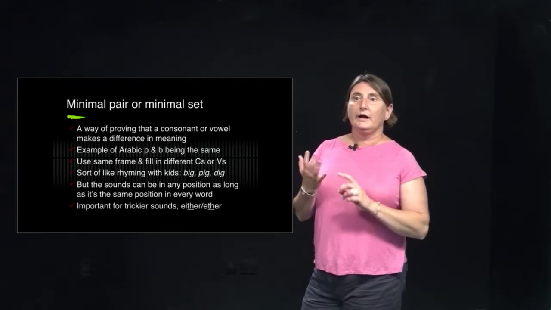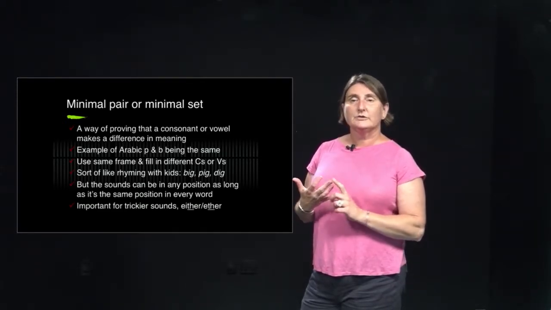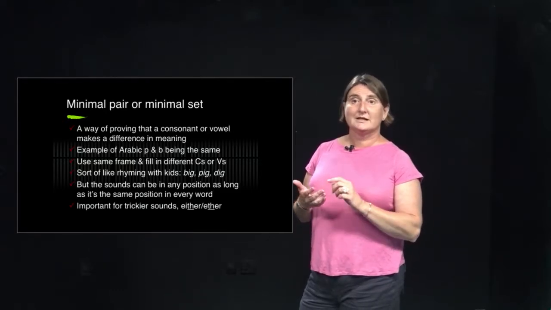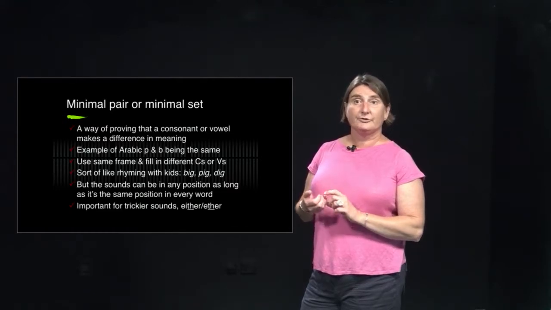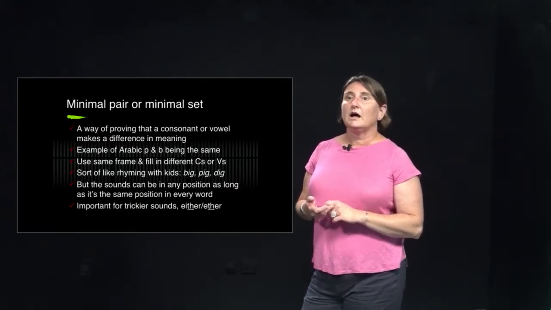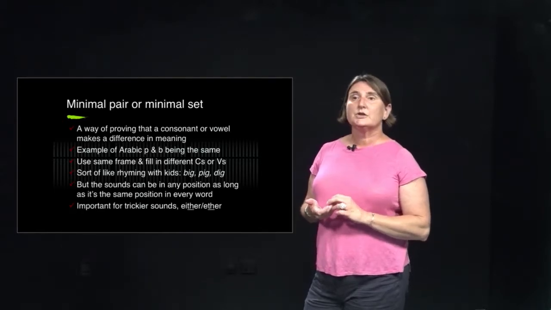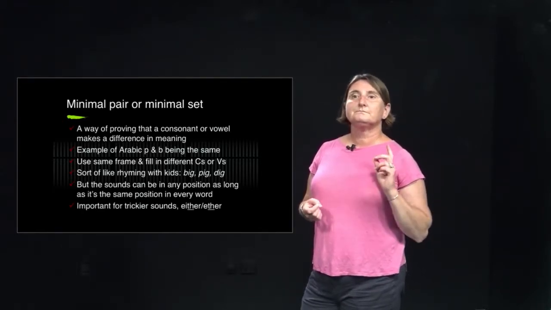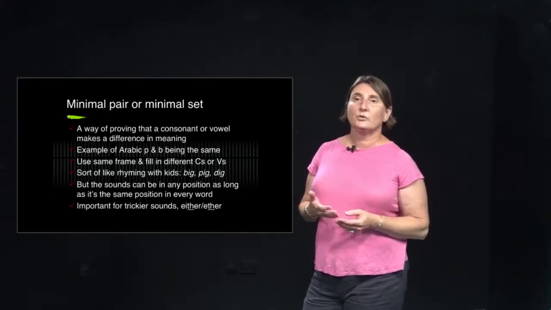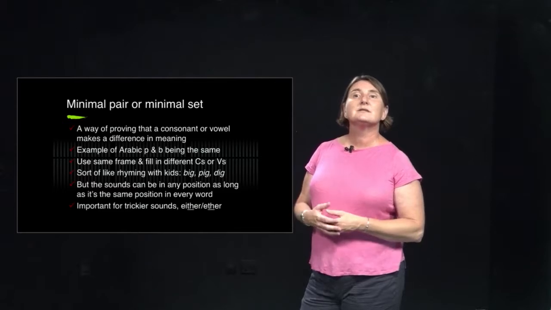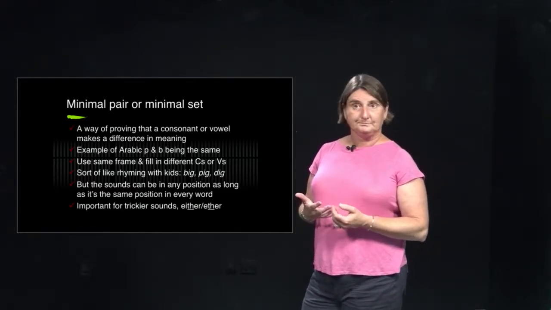So for example, it could be like rhyming, so big, pig, dig. Those are all minimal pairs, and they show us that b, p, and d are all sounds that make a difference in meaning in English. You want to have the same number of sounds. So for example, brig and big would not be a minimal pair because they don't have the same skeleton. They don't have the same number of sounds. But big and rig would be a minimal pair.